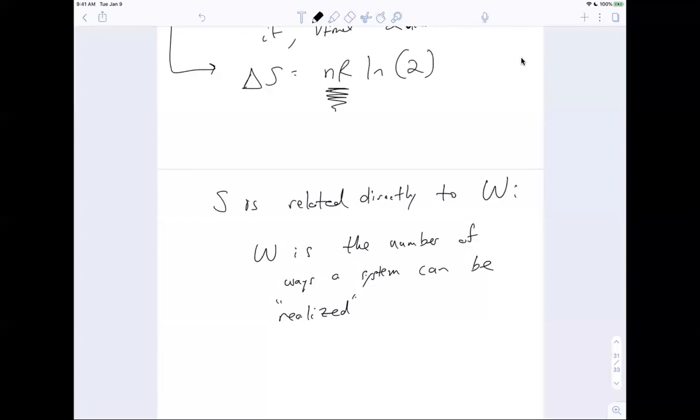So W is the number of ways that exist to find the system at equilibrium if it were left alone. It's the number of ways a system can be realized, and by realized, I mean how you would see it. If you had this camera that could continuously take a movie of the system, how many distinct ways would you find that system in? Or how many different arrangements would you find the system in if you could peer at the system at the level of atoms and molecules?